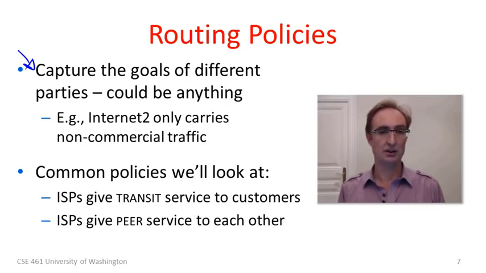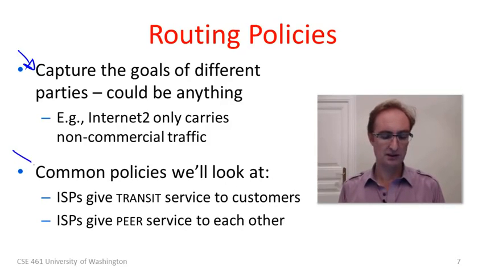That's an interesting restriction. This is actually not a technical restriction. There's nothing about the protocols that said this had to be the case. It's simply a restriction on the use of the network put forward by the owner of the network. So as you can imagine, there can be many different kinds of policies like this.